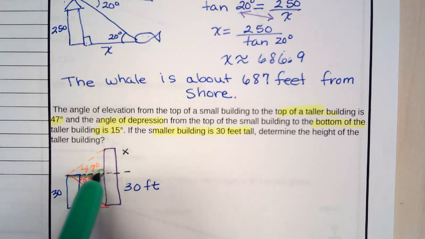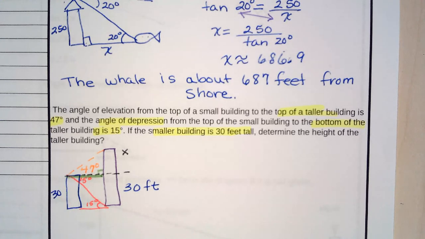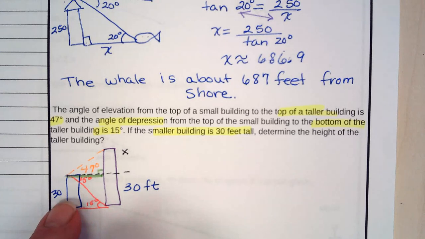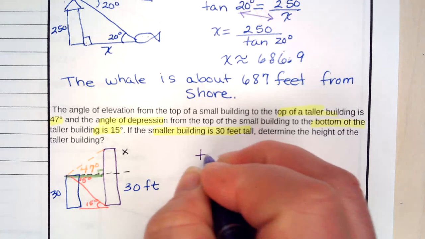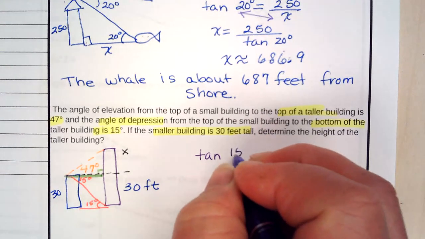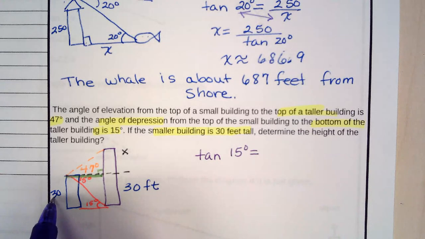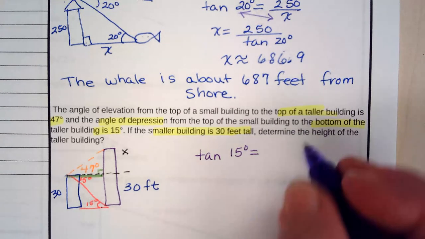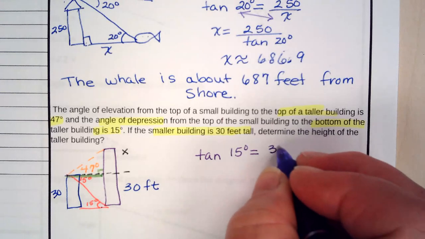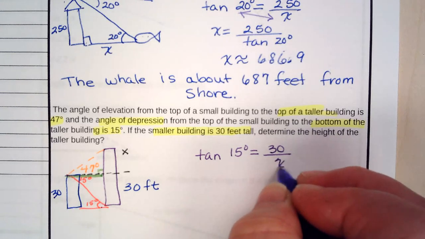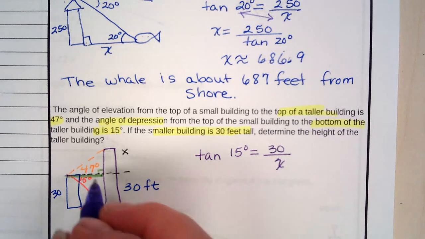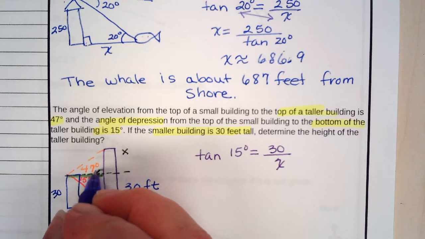So for this piece here, I need to use the tangent. So I'm looking at the tangent of 15 degrees is equal to opposite over adjacent, 30 over x.